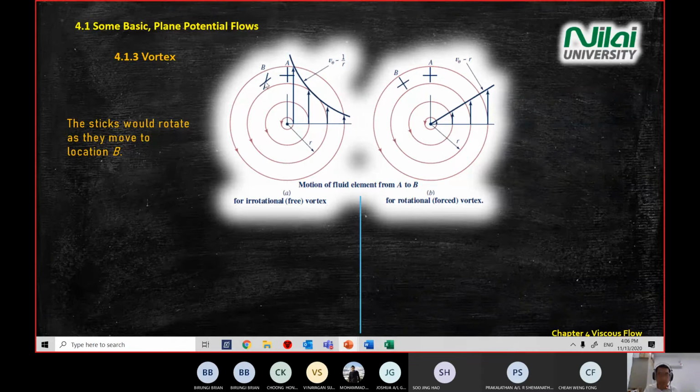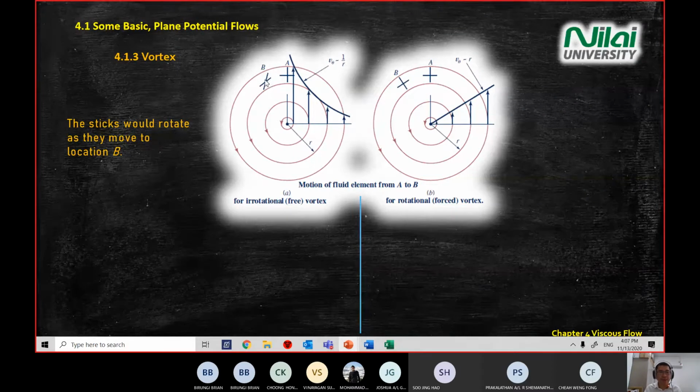The horizontal stick will rotate anti-clockwise to a certain position. But as your stick moves to position B, you'll see that the body of the cross twists a bit.